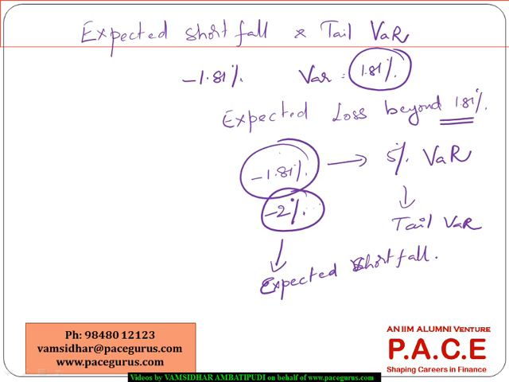So these are different kinds of measures that are available for measuring the risk associated with an investment security. We can apply them in different contexts for different kinds of situations.